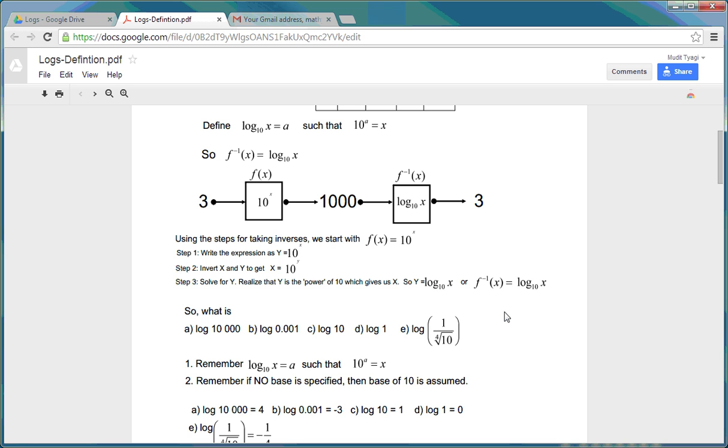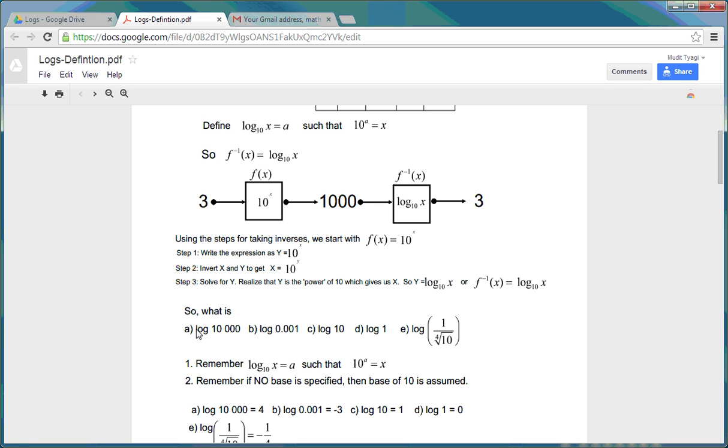Let's do some practice. So what is log of 10,000? Well, remember the definition. The definition is if you've got log of x to the base 10 equals a, that means a is the exponent or the power by which 10 must be raised in order to get x.